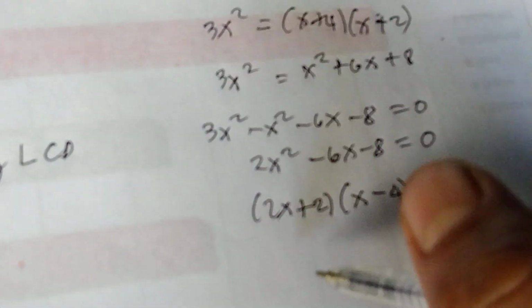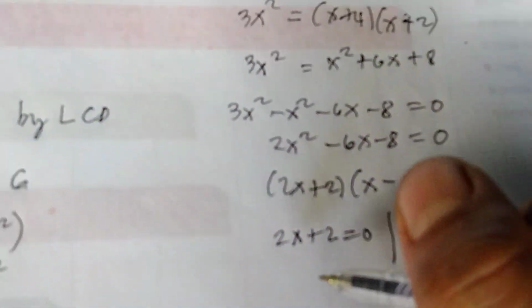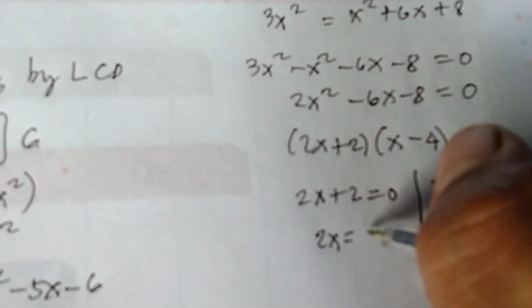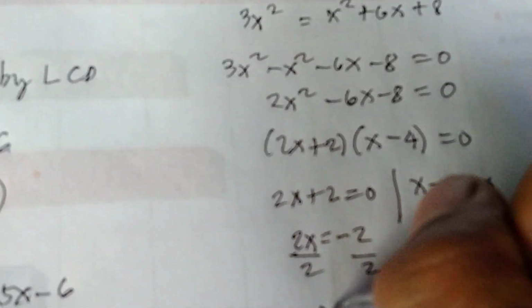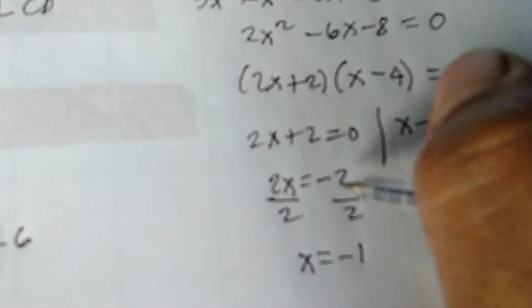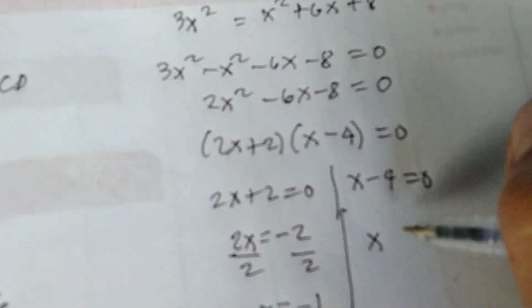So, nalatay factor, set each factor to 0. 2x plus 2 is equal to 0. x minus 4 is equal to 0. Okay? So, solve. 2x, transpose 2 to the right side, that becomes negative 2. Divide both sides by 2. So, x is equal to negative 1 because 2 divided by 2 is 1 times negative, so negative 1. Then, kani dining isa, simply transpose negative 4 to the right side, so x is equal to 4. So, our solution set are negative 1 and 4.